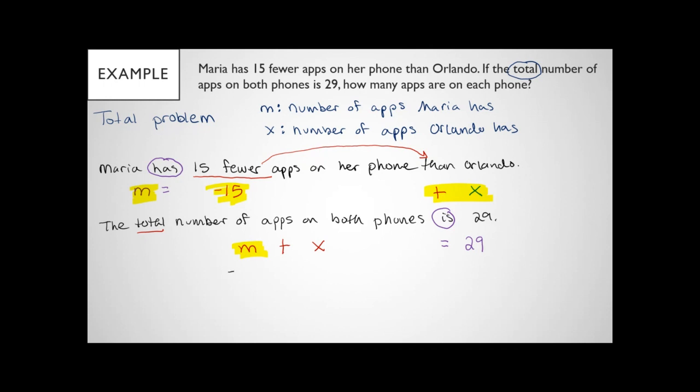Instead of M, I have negative 15 plus X. And then I've got my plus X already. And then I have my equals 29. So now I'm going to start solving. So I have an X plus X is 2X. So I have negative 15 plus 2X equals 29.